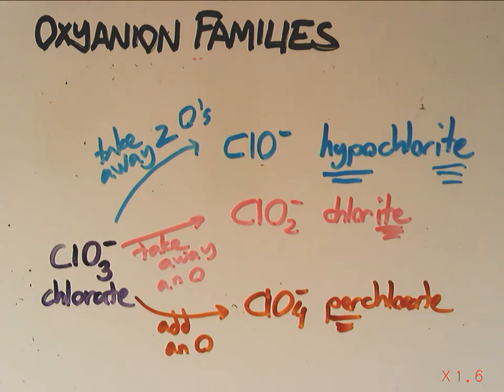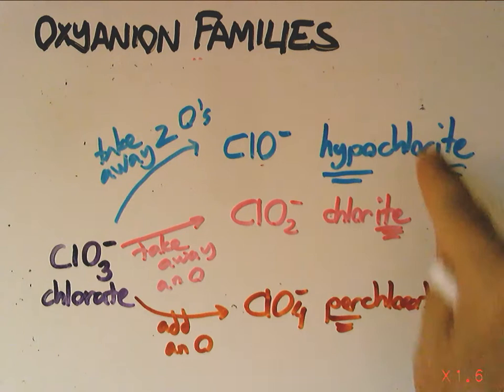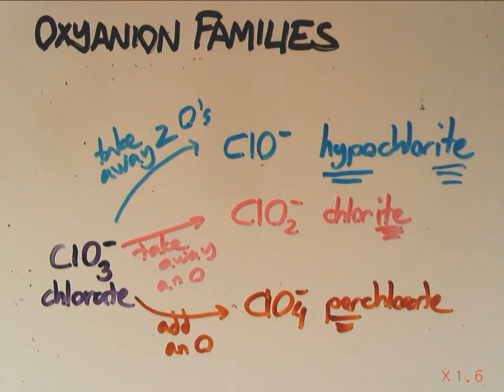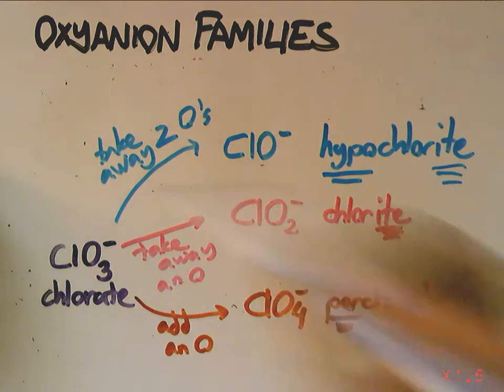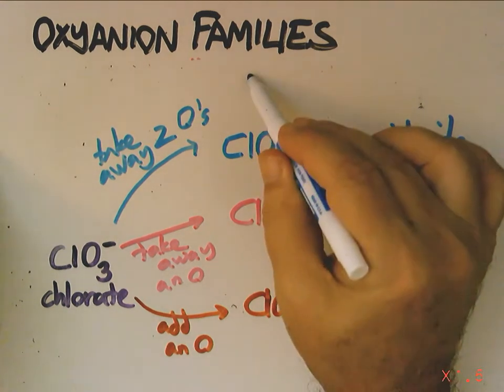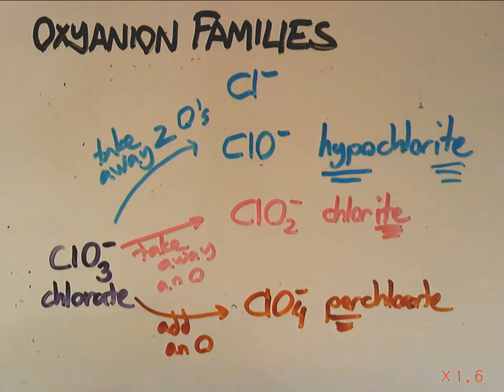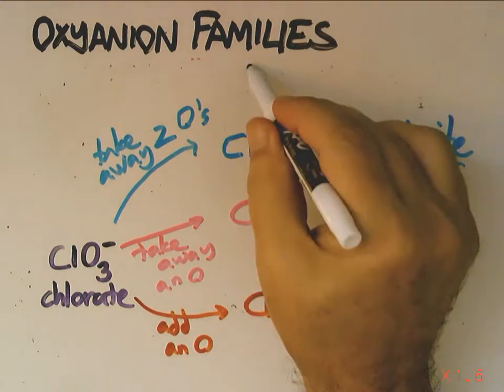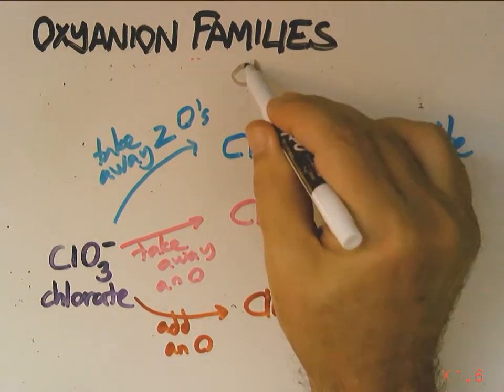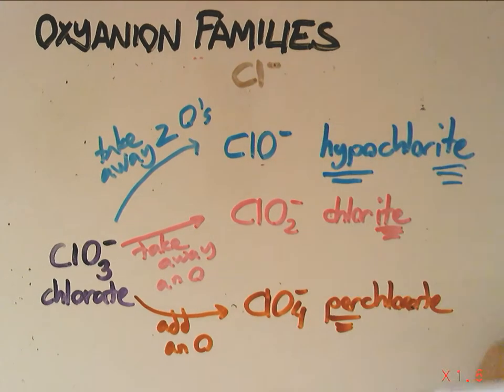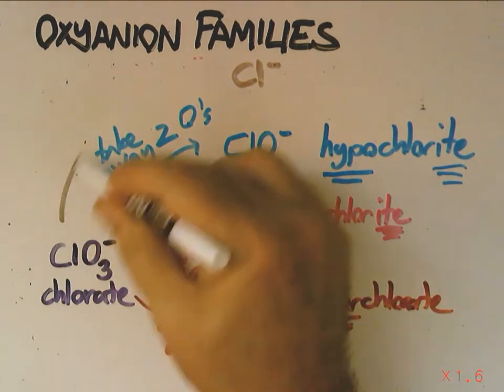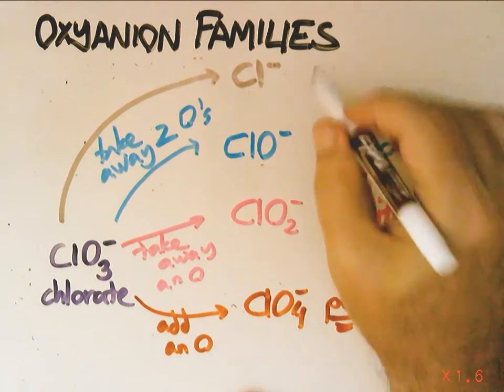So we have this family. Here's the head of the family. Here are 3 members of the family that we derived using prefixes and suffixes that you'll find on page 2. And there's another thing in the family too that you already know. If you have Cl minus, that's chloride.